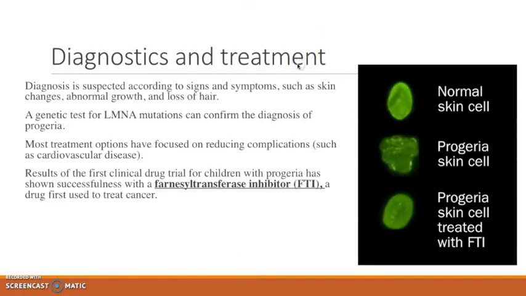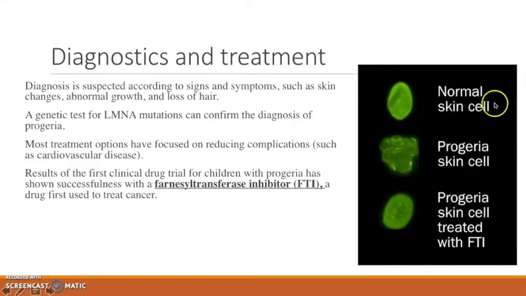However, around 5 years ago, the results of the first clinical drug trial for children with progeria showed successful use of a farnesyltransferase inhibitor, or FTI, and at first this drug was used as a treatment for cancer. To the right there is a picture of how treatment affects the nucleus.